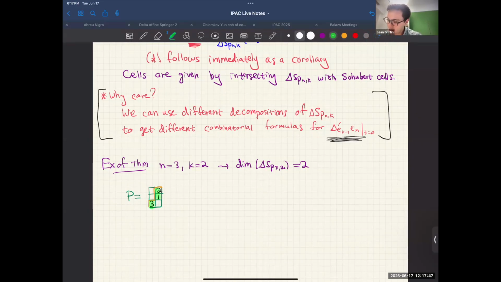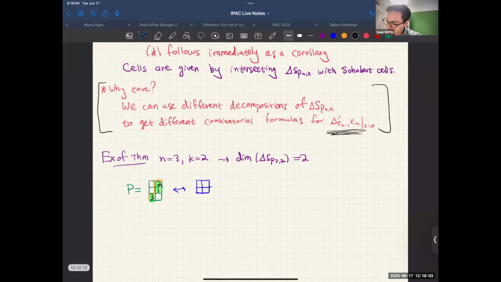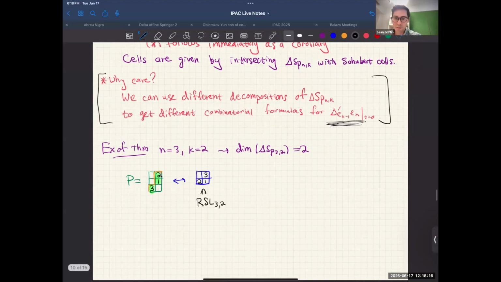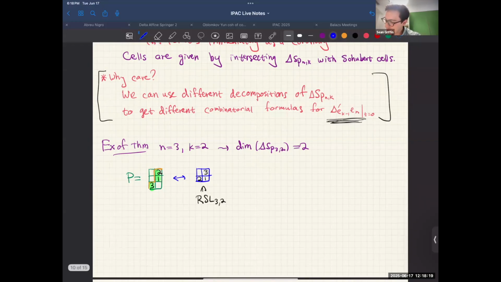Area 0 means the stack matches up with the path. And under the bijection that I drew last lecture, this corresponds to a row strict filling where you put the first column in the first row and the second column in the second row. So this is an element of the row strict labeled rectangles. And then we had a bijection to torus fixed points.